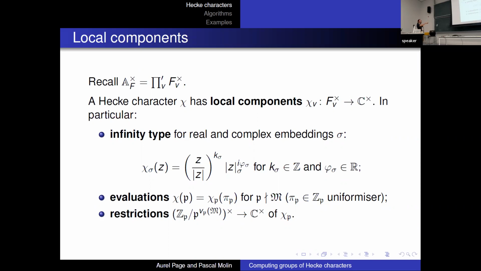For the real field, this is just the sign of z, and so you can raise it to the power of 0, 1, and then k is just defined mod 2. So there's just two parameters, one integer and one real number at every real and complex place. Yeah, so that's one thing that you get.